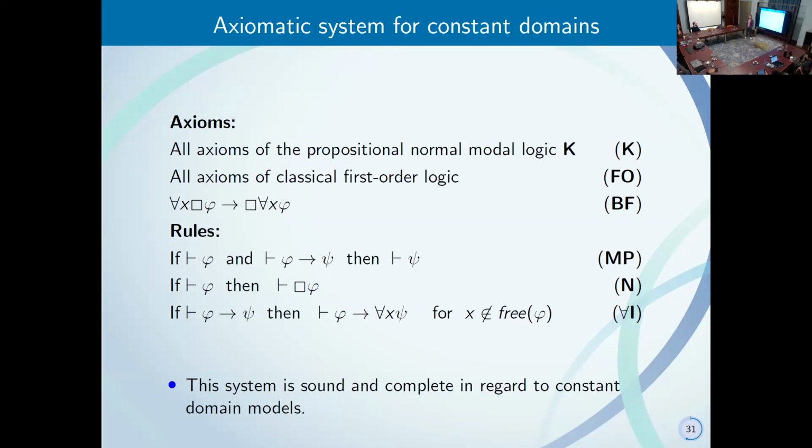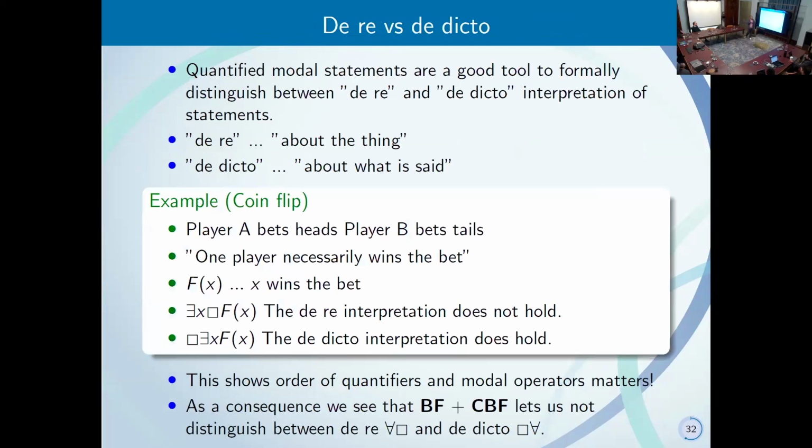Let's firstly discuss what the Barcan formulas even mean, right? Because one could say, okay, that's the thing that we need. We just throw it in there, and there's no problem anymore. It really depends, as we've seen in the beginning, on how we want quantifier placements to behave and what they should mean in a modal logic sense. Namely, in here it comes down to the difference between a de re and a de dicto reading of a formula. So quantified modal statements are usually a good tool to formally distinguish between a de re and a de dicto interpretation of a formula.